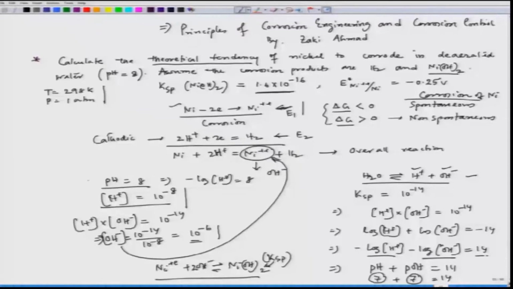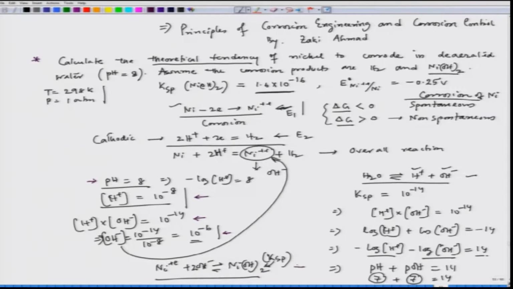Now, since the pH is 8, we know the hydrogen ion concentration is 10 to the power minus 8, and the product of H⁺ and OH⁻ ion concentration is 10 to the power minus 14. So, we get the OH⁻ ion concentration to be 10 to the power minus 6.